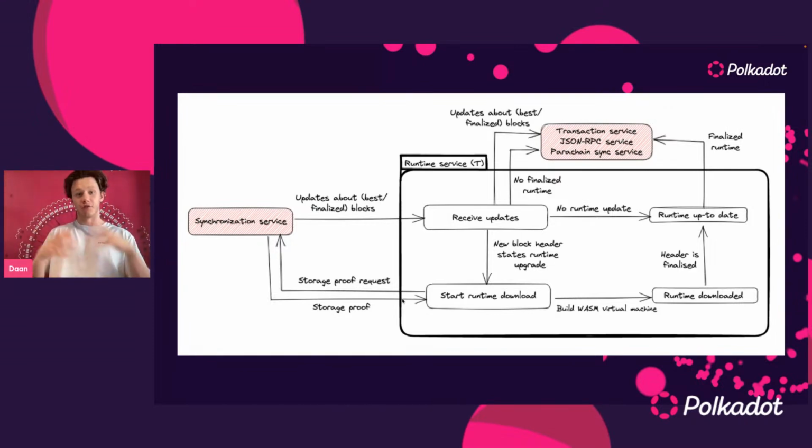We retrieve the Wasm blob with the Merkle proof to verify it against our finalized header, because in the header is the state root. That is how we can verify all the pieces of data within the database of a blockchain. We now have the Wasm blob verified, finalized, everything. We build the Wasm virtual machine, and boom, we notify the transaction service, JSON RPC service, and parachain synchronization service that we again can execute runtime calls.